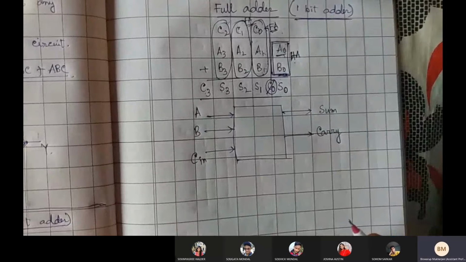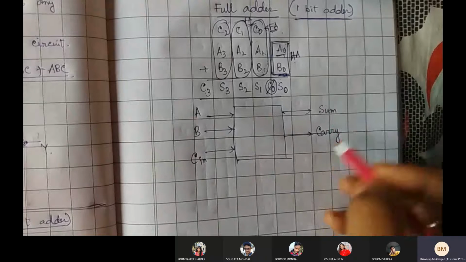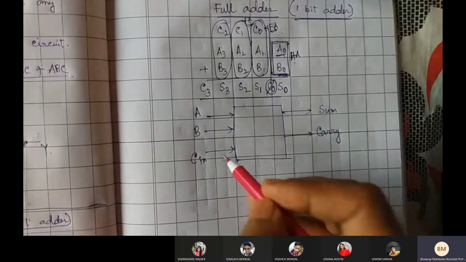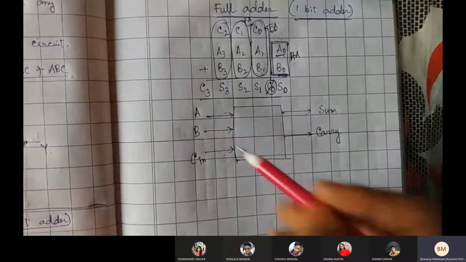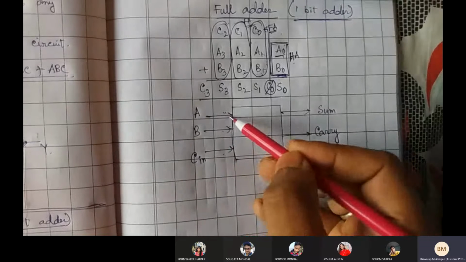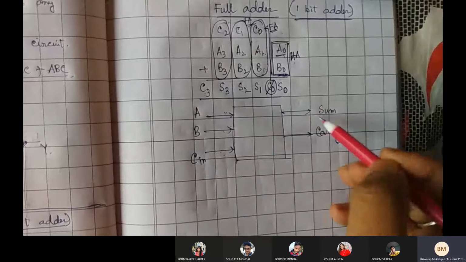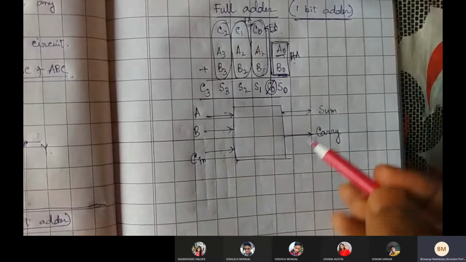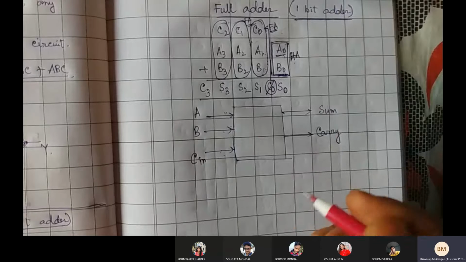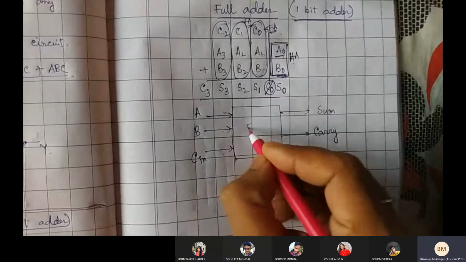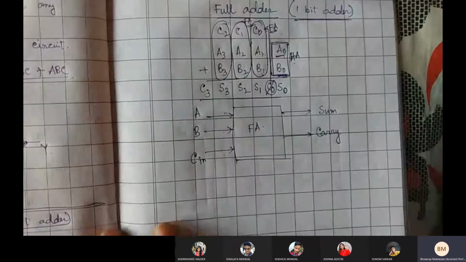Sum and carry, because it cannot be more than 2 bit. যদি 3টে বিটও তুমি একসঙ্গে অ্যাড করো, maximum it can be 1 1 1. 1 plus 1 is 10, 10 plus 1 is 11. So 11 means that sum and carry both will be 1. So that means 3টে বিটের output হবে না. So that can be only having 2-bit output. So that is something like a full adder block diagram.